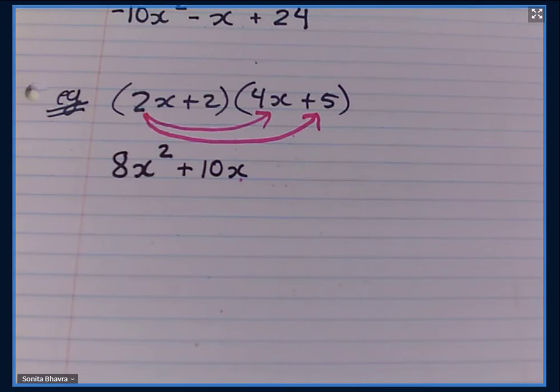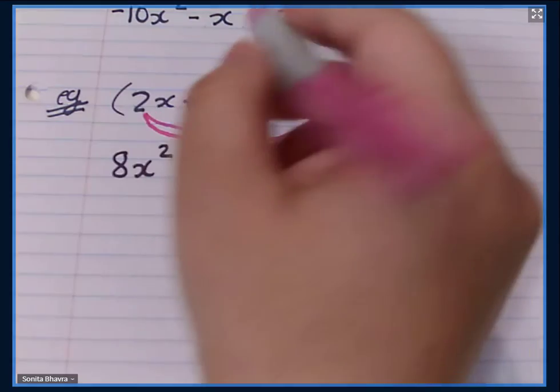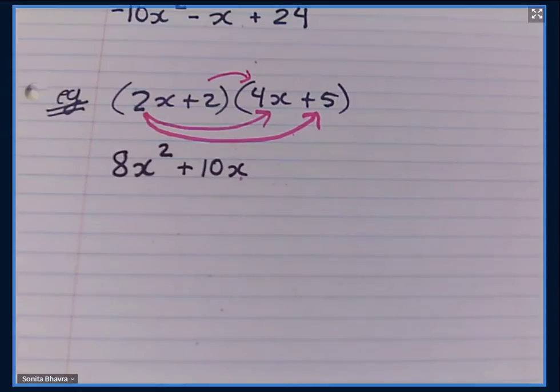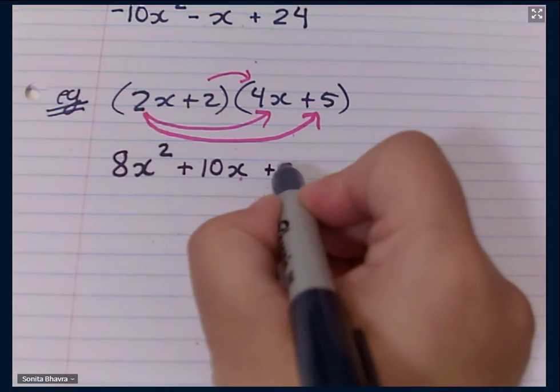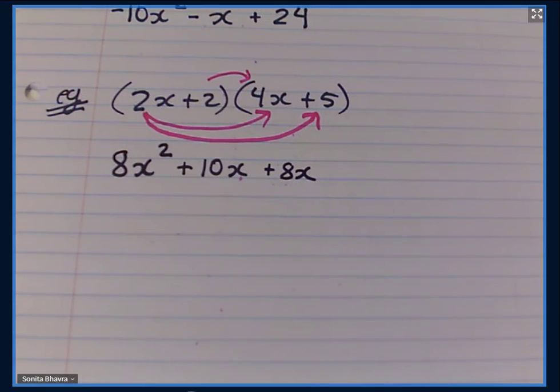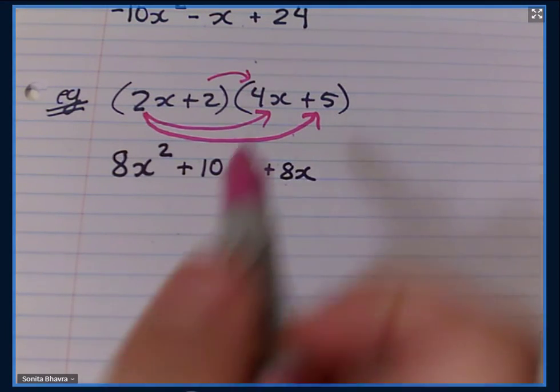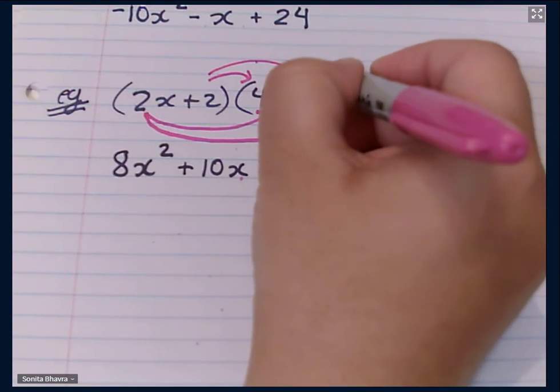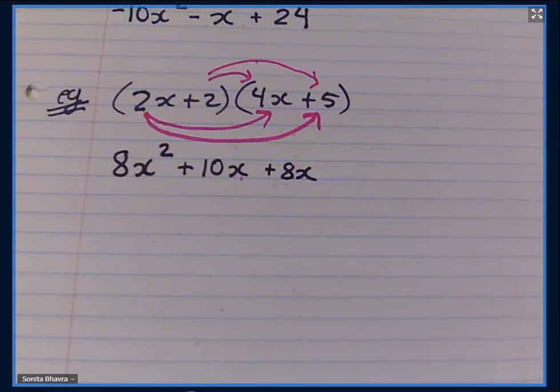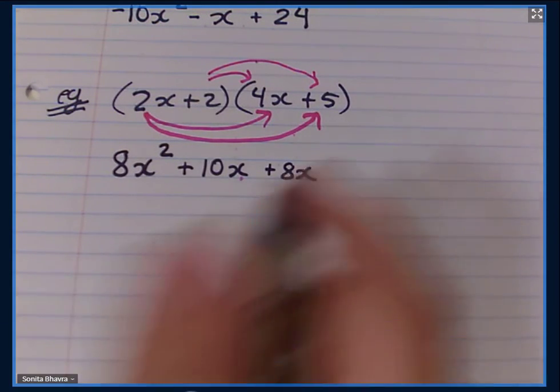Then I have I for my inside terms, which is 2 times 4x, which equals 8x. And then I have 2 times 5, which is just 10 plus 10.